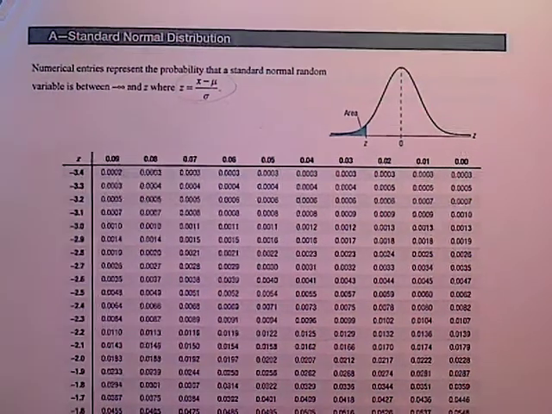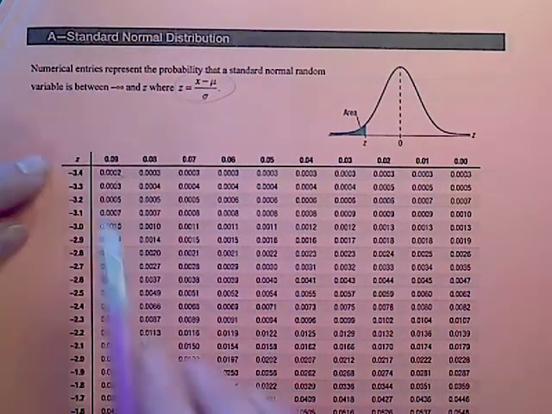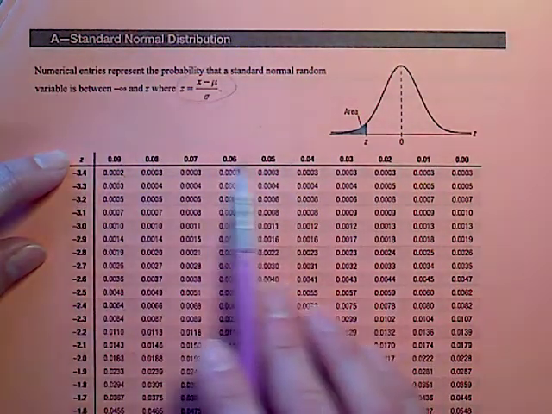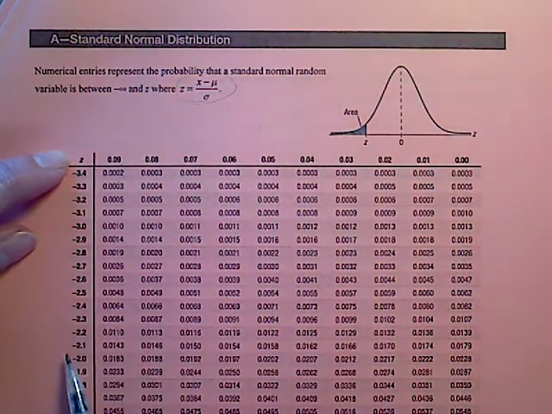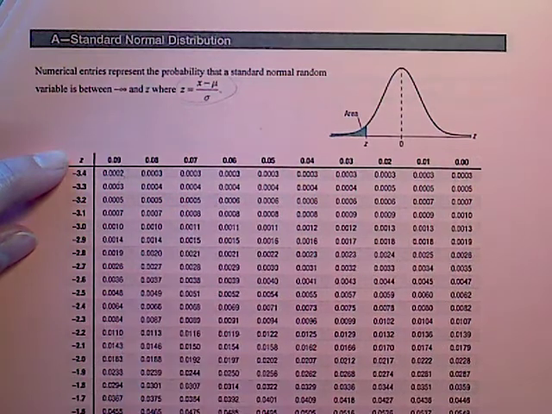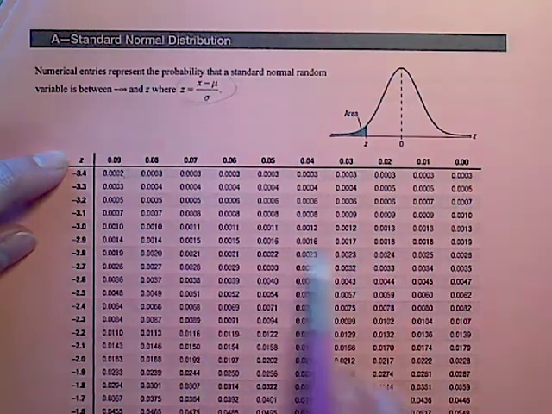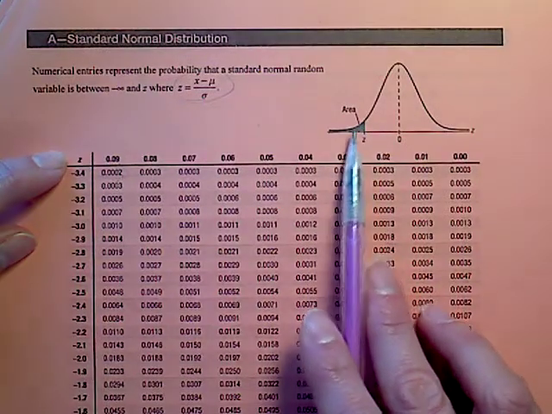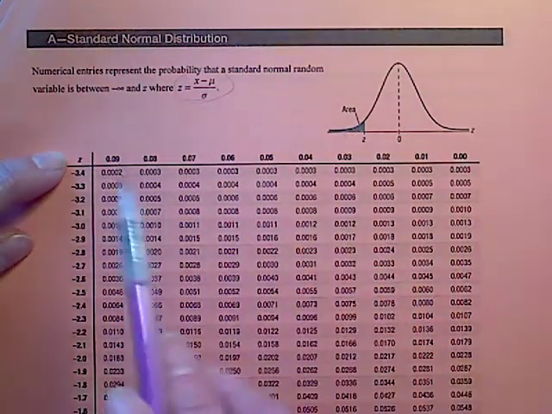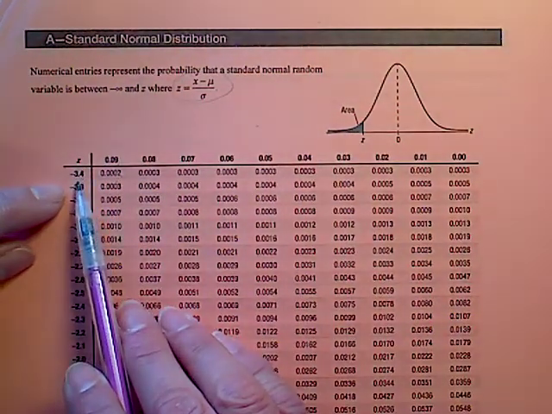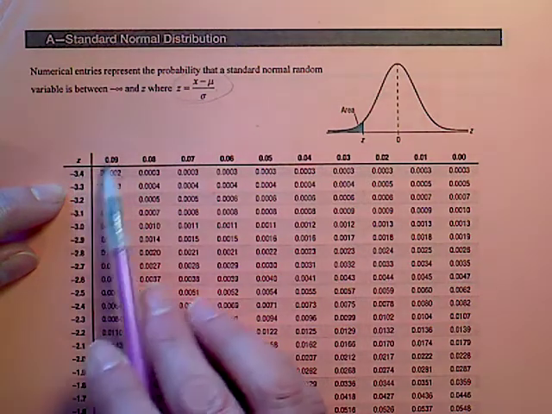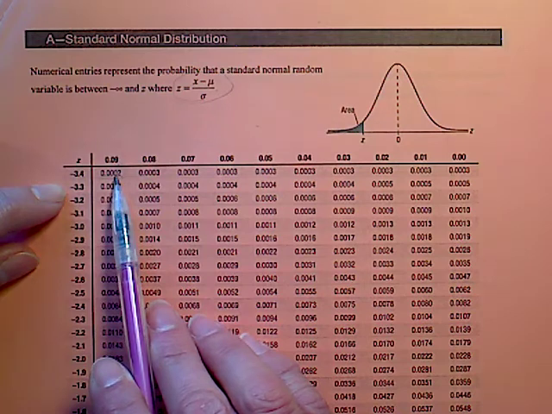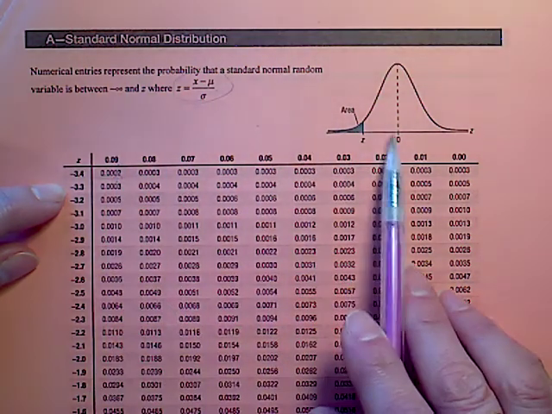I want to show you some things on this table. These are the z-scores on the outside. Z's are on the outside. These are the area under the curve to the left. Area to the left, this guy, okay? So let's say we're out here at negative 3.49, negative 3.49 standard deviations from the mean.